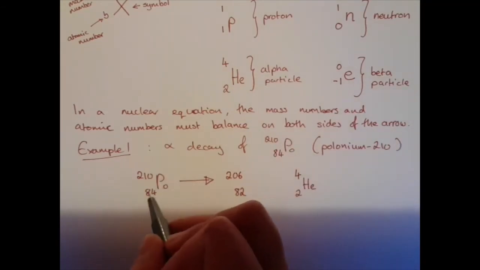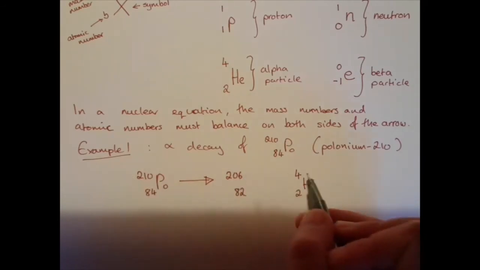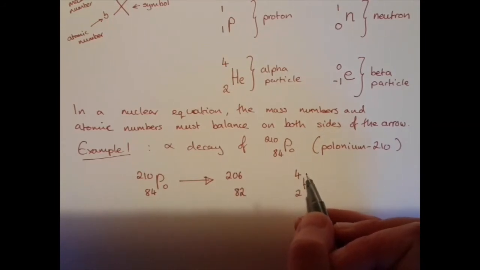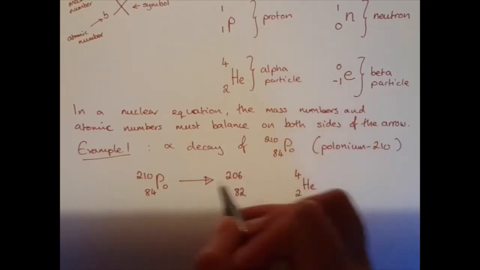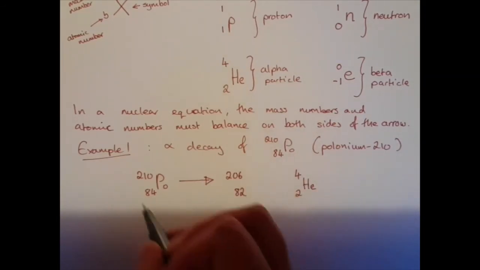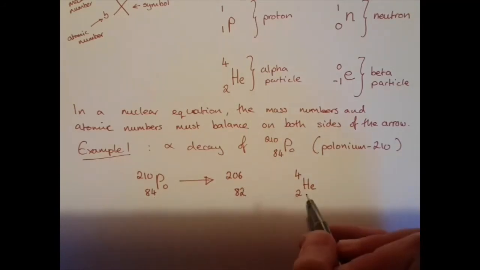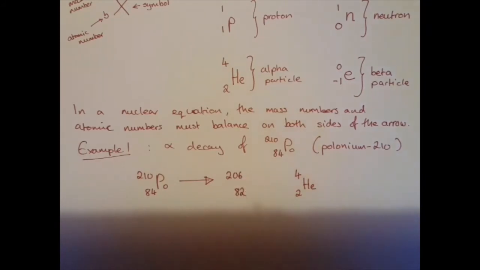On the left-hand side of the arrow, we've got a mass number of 210, so the total of both mass numbers in the products must add up to 210, because otherwise we would have lost a proton or a neutron. So 206 plus 4 does give us the 210. And equally, the atomic numbers must balance, so 84 is equal to 82 plus 2. So we're happy that that balances now. I've written the mass number and the atomic number nice and easy.